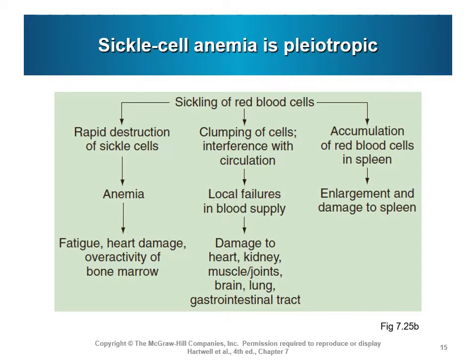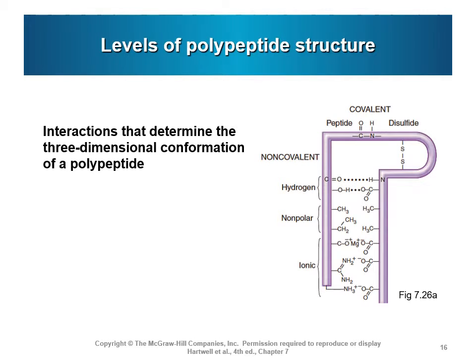In order to understand why that is, we have to remember how proteins are structured. First of all, we know that there are interactions between the amino acids in polypeptides, and that is the primary structure.